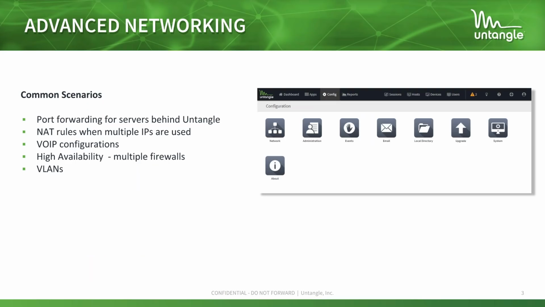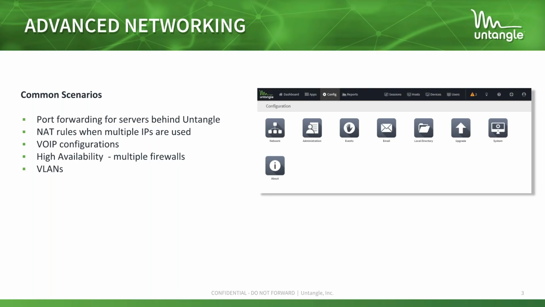Thanks, Shannon. So today we're going to talk about some advanced networking concepts and some common scenarios involved with when an advanced network setup may be required. Some things that we're going to be covering: port forwards, whether it's port forwards from a single device to a number of different port forwards for various services that are being hosted on your network.